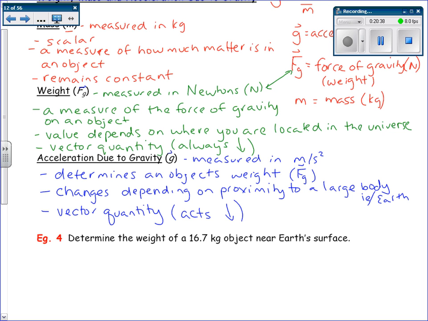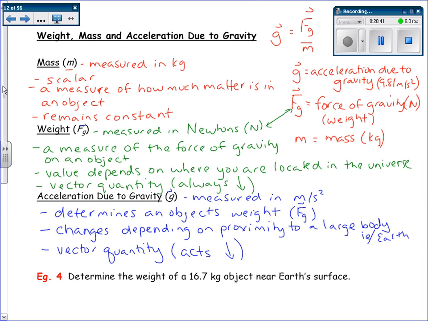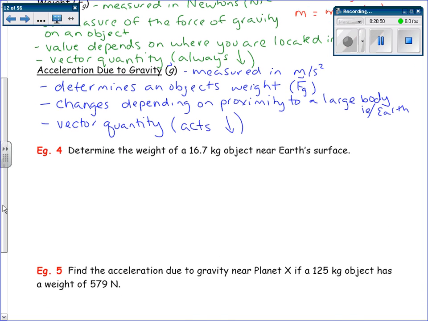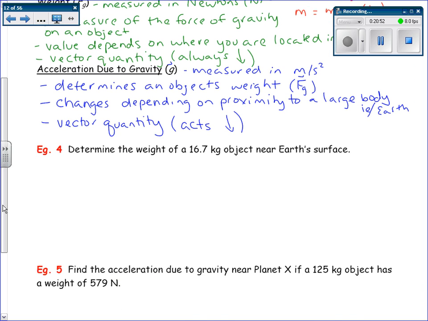So notice that this is a similar formula. This formula here has the exact same setup as the formula for Newton's second law. Right? Acceleration is equal to a force divided by mass. So if we want to determine the weight of a 16.7 kilogram object near Earth's surface, that means we're looking to find weight, we're looking to find force of gravity. Okay? We have the mass, which is 16.7 kilograms. We have the acceleration due to gravity, which is 9.81 meters per second squared, and we're simply going to plug that into the formula.